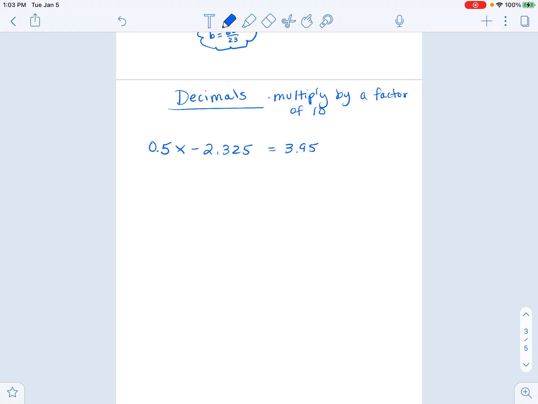I guess the question then is, well, what could we multiply? What power of 10 or factor of 10 can we multiply every term in this equation by in order to clear every single decimal point in it? If you look closely, this term right here has the most number of decimal places, right? It has 3 decimal places.